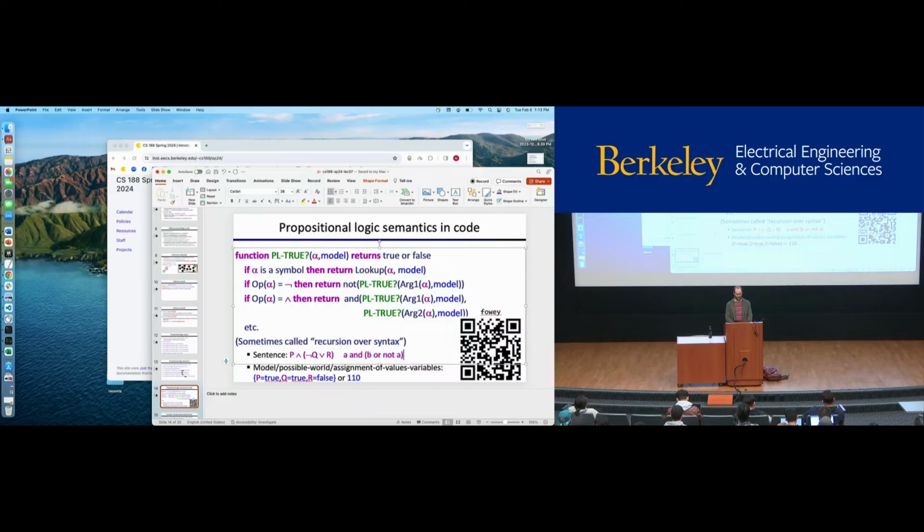So it's going to be that one. This is going to be equivalent to B. Does that make sense? So that's why this is what we want A implies B to be equivalent to.